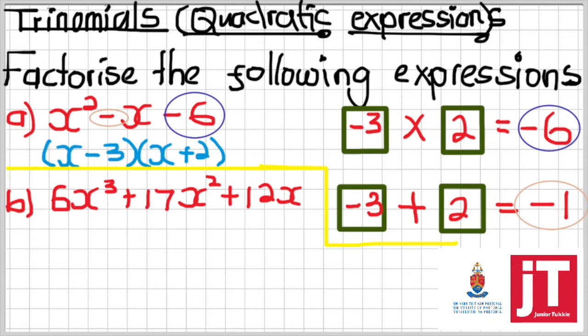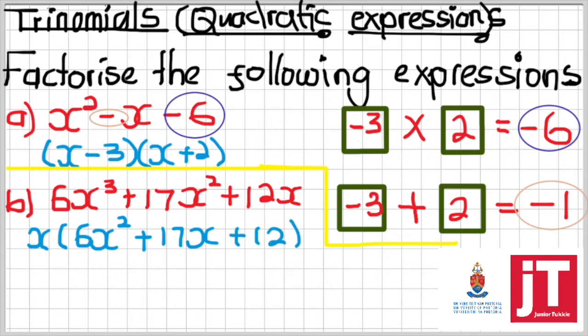So you need to take out your common factor first, which is your x. Then you're going to remain with 6x squared plus 17x plus 12. But now what remains is indeed a trinomial. So we need to factorize that trinomial 6x squared plus 17x plus 12.